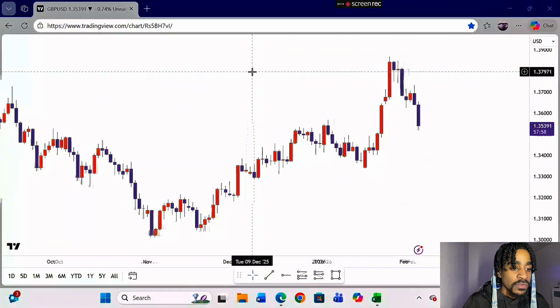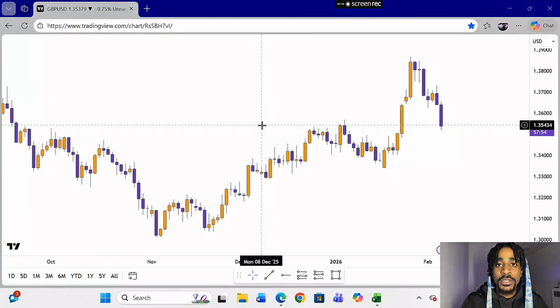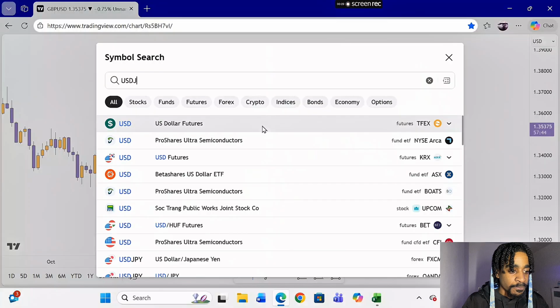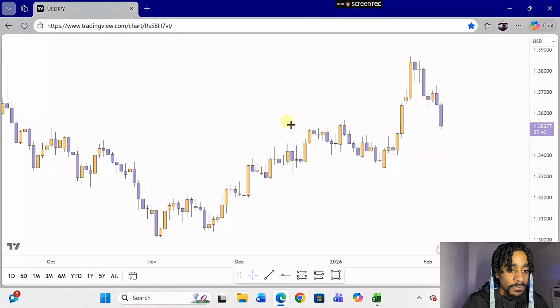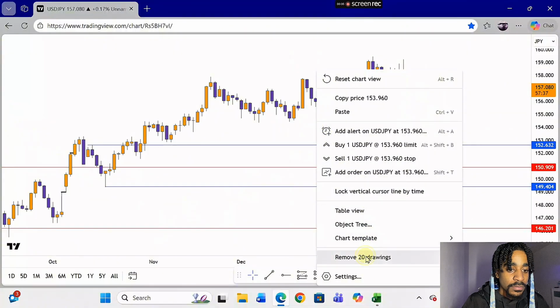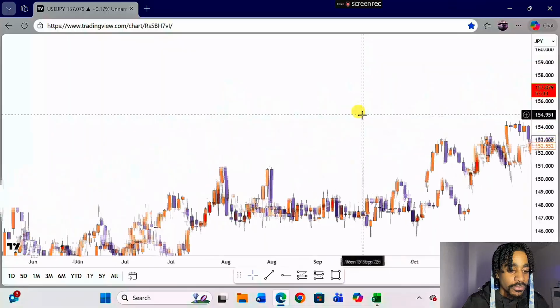I know we've been using GBP USD for a lot of these examples, so I'm going to switch to a different pair and I'm going to use USD JPY. Let me get rid of all of these, and then let's just scroll back.